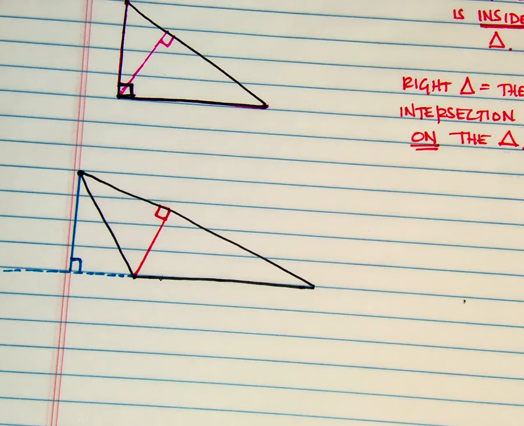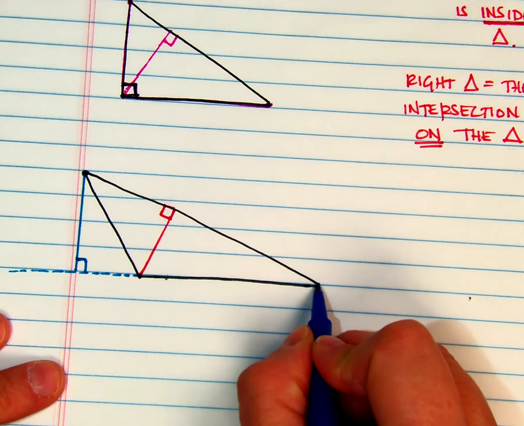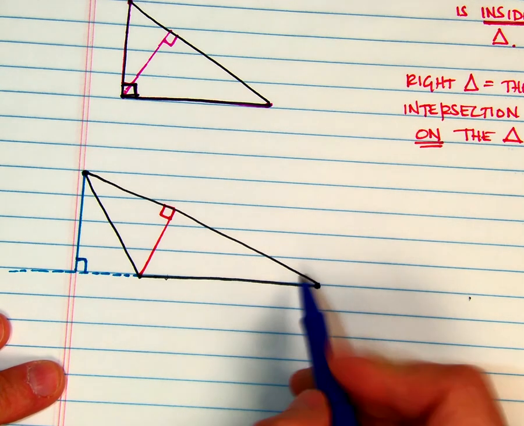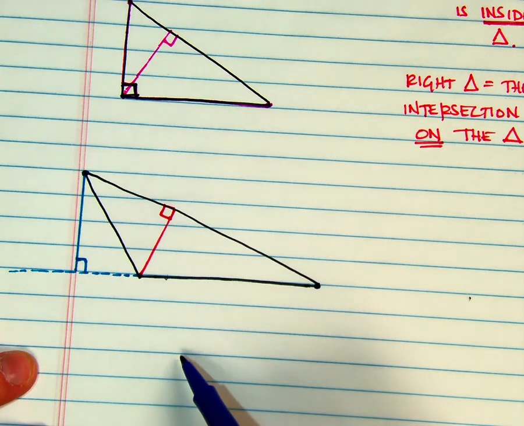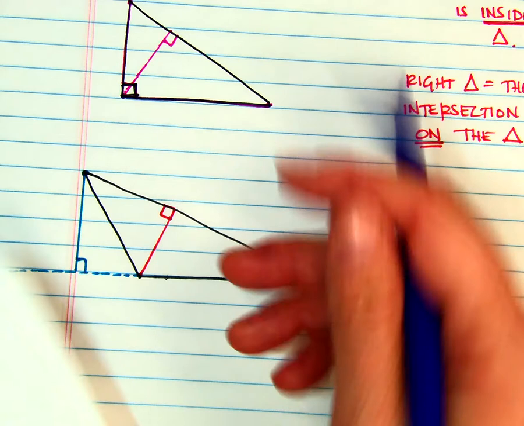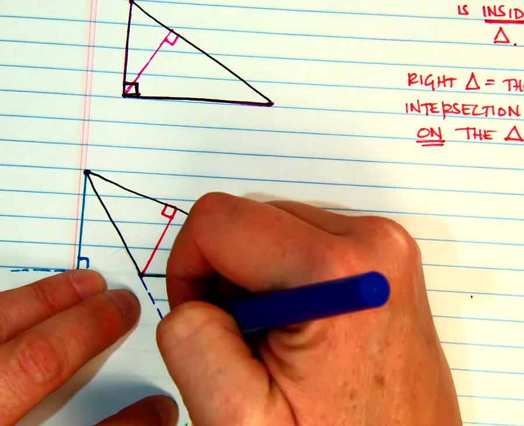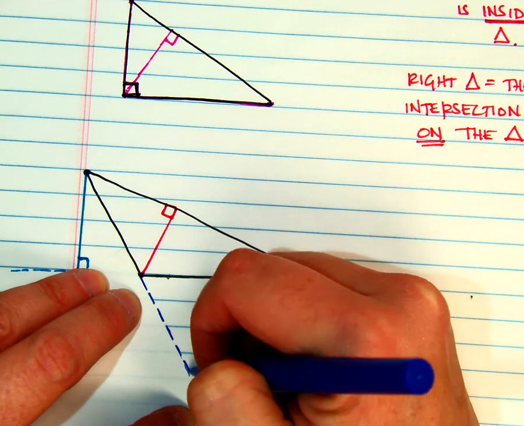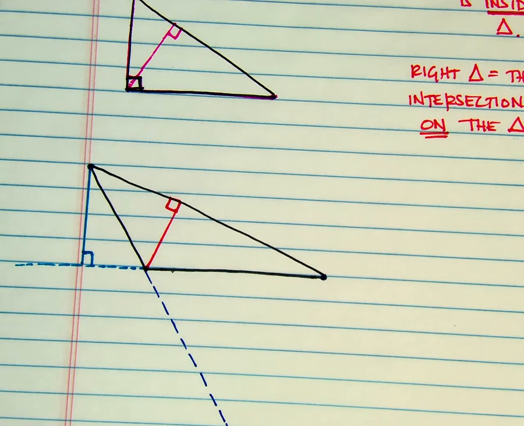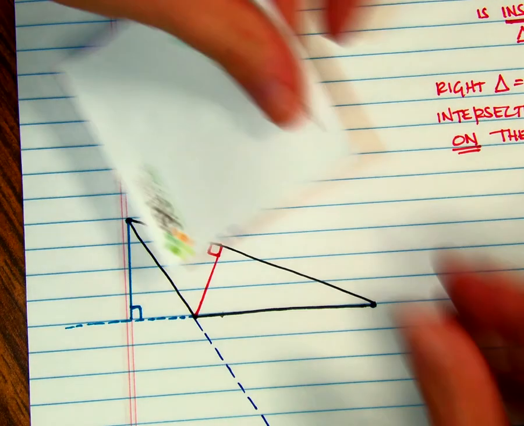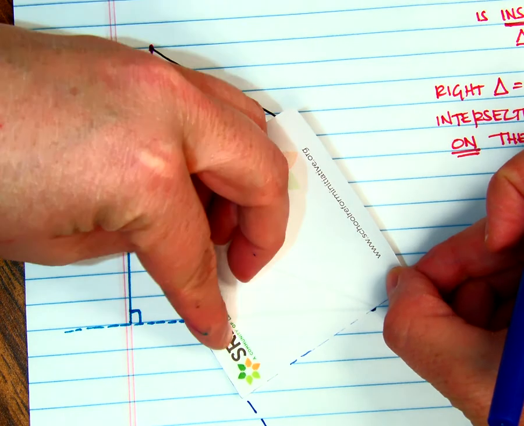I'm going to do the same thing to this one. So I'm going from this vertex, and I need to go to the line containing that side. I'm going to extend this out. And I'm going to dash it because it's not part of the triangle. Oopsie. And I'm going to do my sticky note again. Make sure I have a right angle.